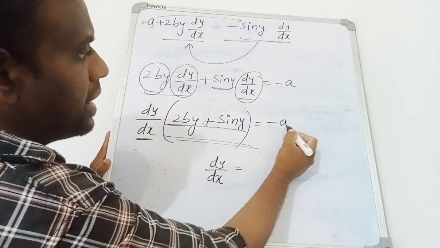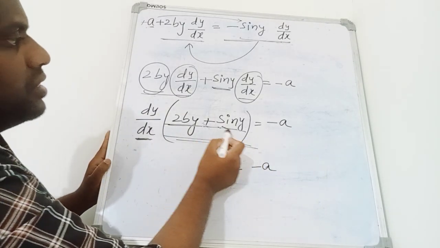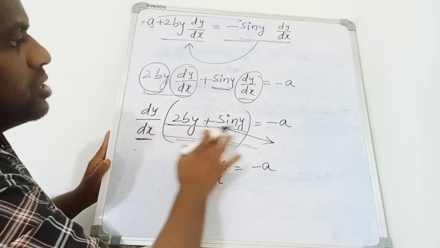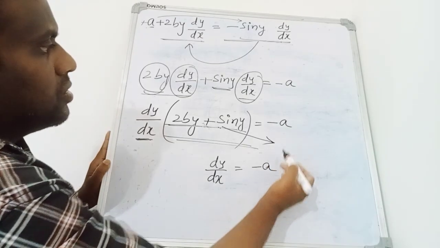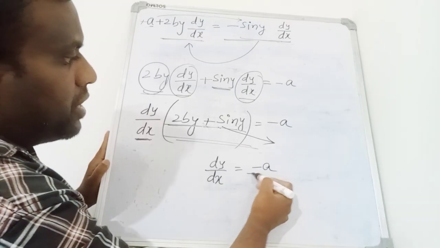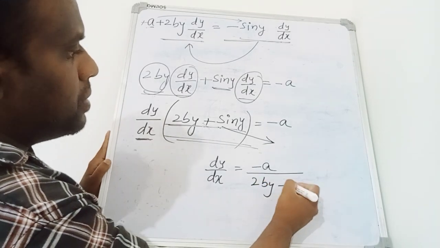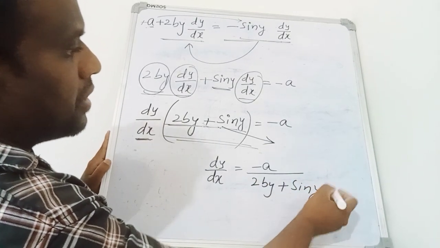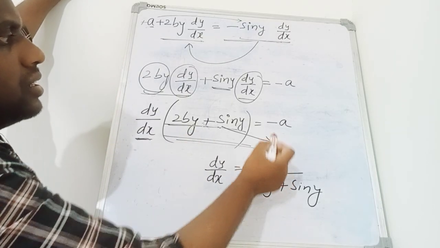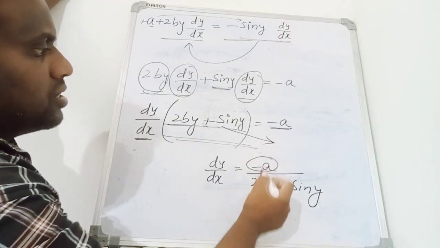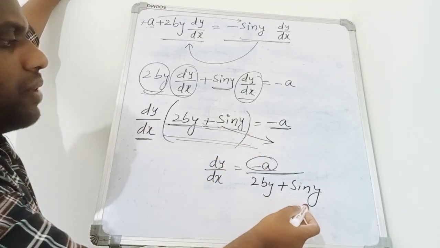Now move this to the right side. Before moving, write this minus a as it is. When this is moved this side, it will become divided: minus a divided by this 2by plus sin y. When this is moved this side, this minus a will be as it is, whole divided by this thing 2by plus sin y.